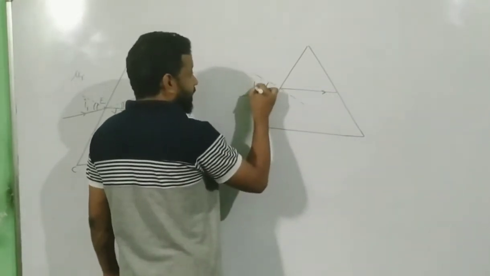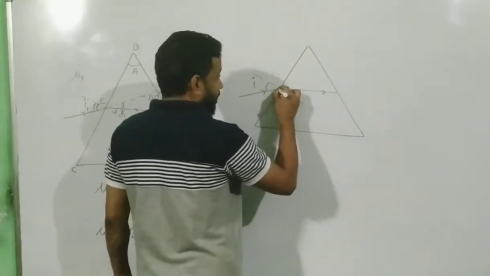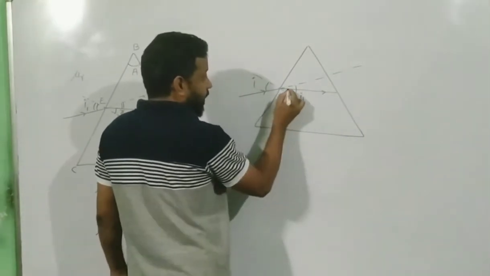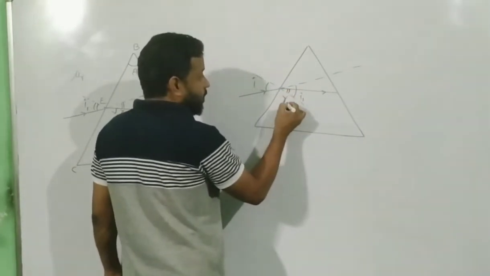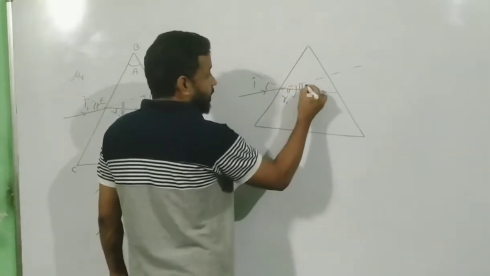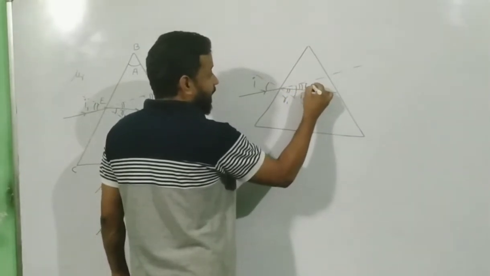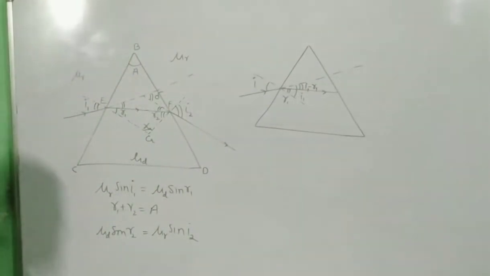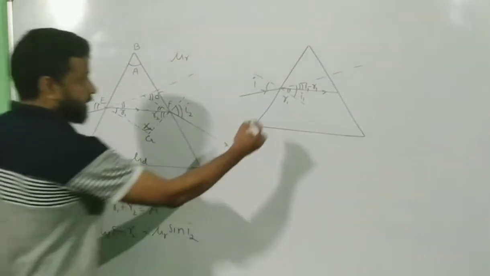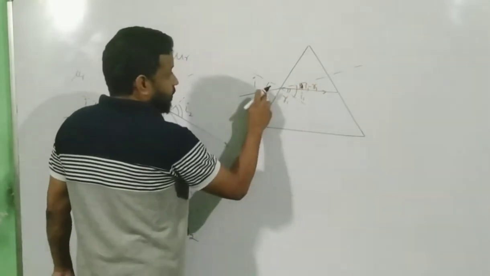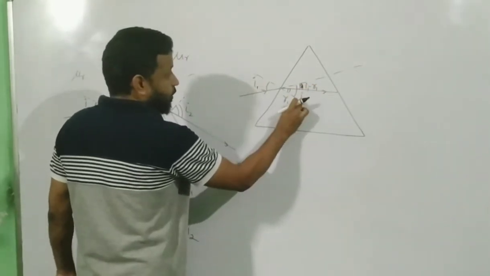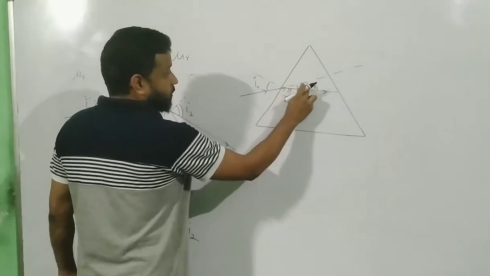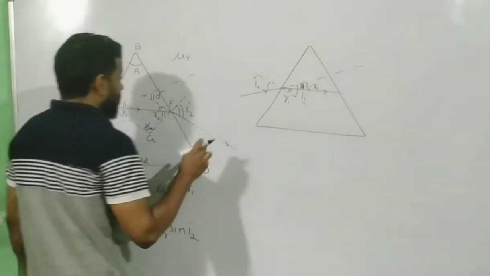Now if this angle is I1, this angle will also be I1, and this is R1. So this angle will be equal to I1 minus R1. Correct? This angle. So if this is I1, this will also be I1, and I am calling this one R1, so this becomes I1 minus R1.